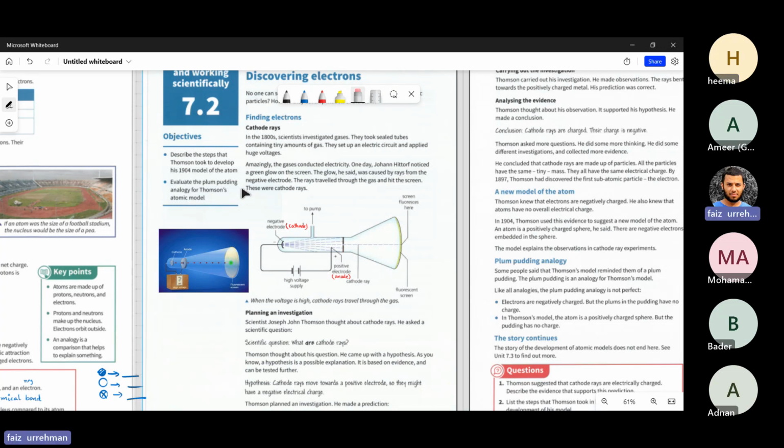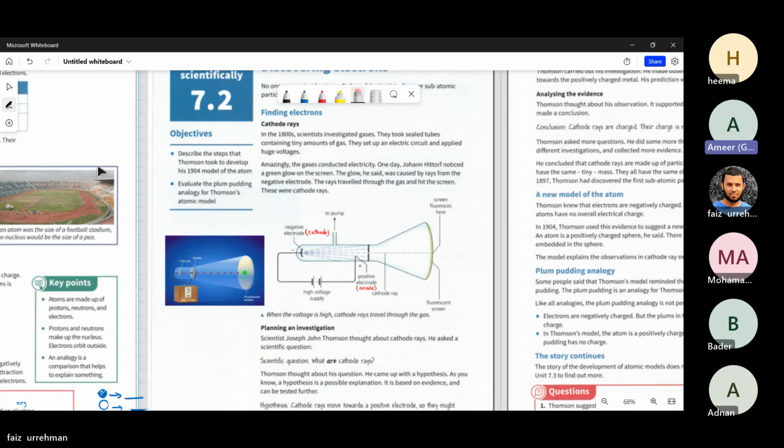So the first question is, the positive electrode is also known as, the answers are already on screen. Okay, the positive electrodes are also known as, it's on the screen.